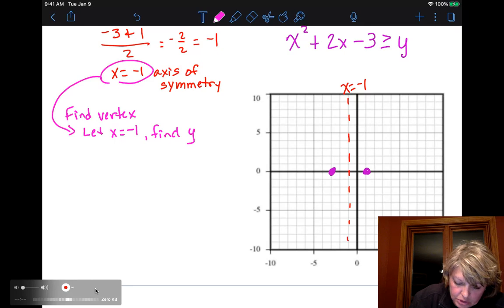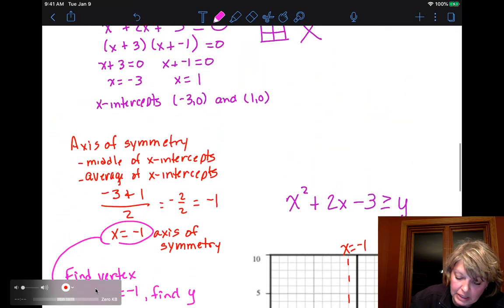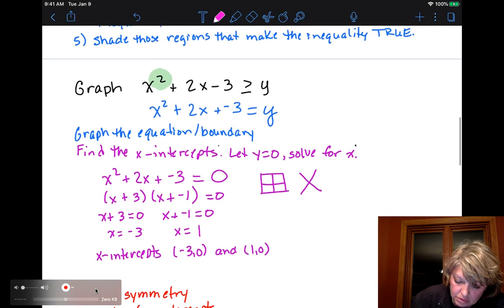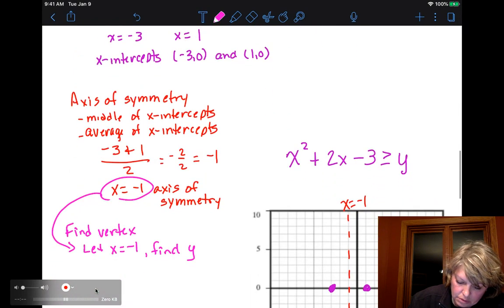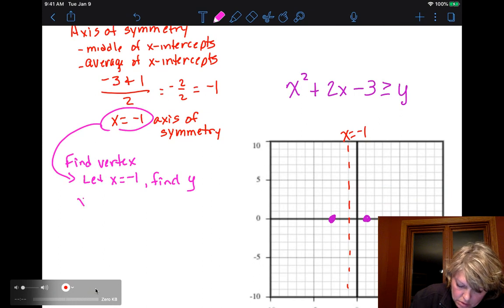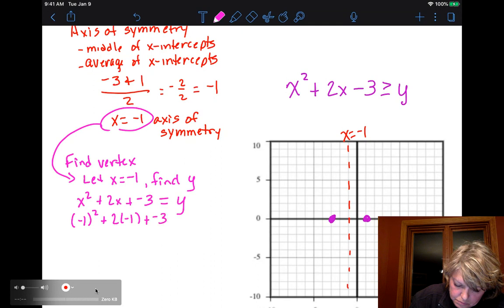So again, my equation, now remember we're going back to the equation we're trying to graph, which is a parabola. So coming back down here, I'm going to put negative 1 in for the x, and I'm going to find y.